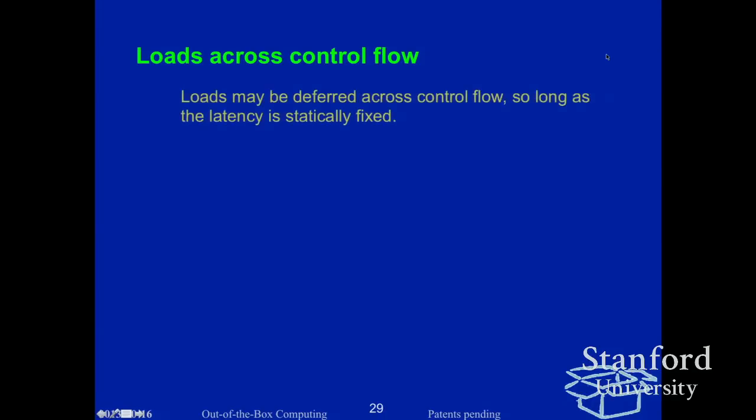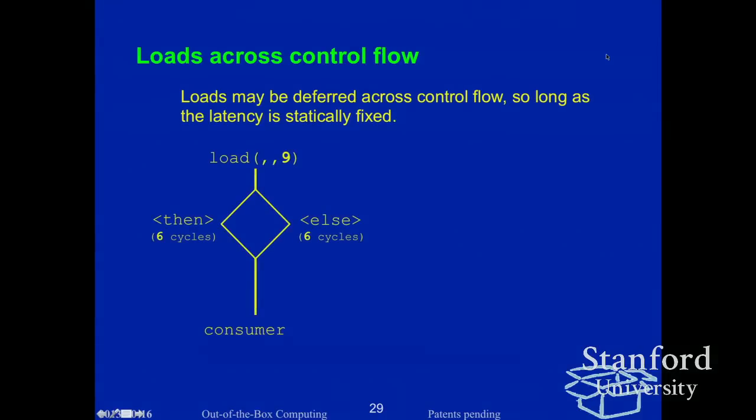These are the same semantics and the same value loaded. Loads can cross control flow. It's important that the control flow, however, have the same number of cycles between the issue load and the retire. If I have an if-then-else, and we did a load of 9 cycles, and the then and the else are both 6 cycles, it doesn't matter which way the control flow went.